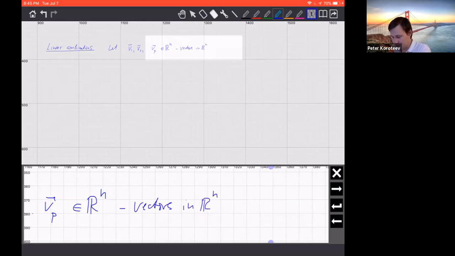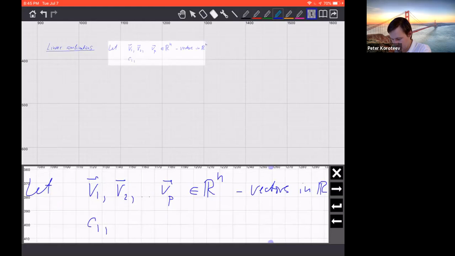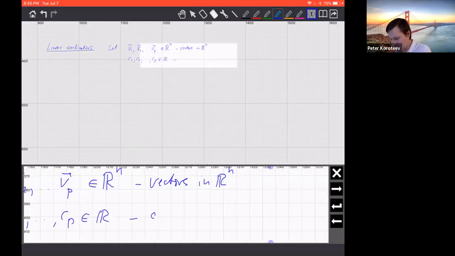And then let c1, c2, and so on, cp be just some numbers. Sometimes we use the word scalar. Scalar means that it's not a vector, it's a number. So 5 is a scalar, but vector (1, 1, 1) is a vector, right?